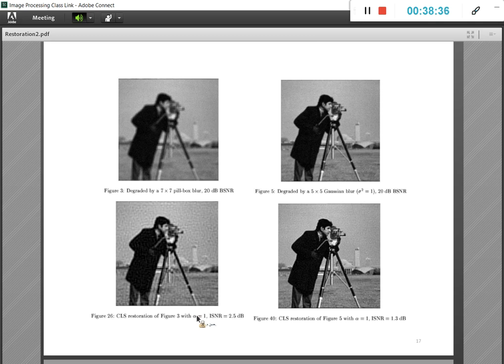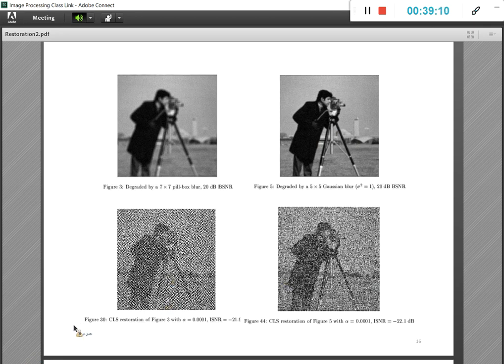Here you see alpha is 1 and you have a positive ISNR, about 2 dB or 2.5 dB, improving the picture compared to this one. And here again with alpha 1 you have about 1 dB compared to this one. A good choice for alpha, and in the last slide, a bad choice for alpha, for example, here.